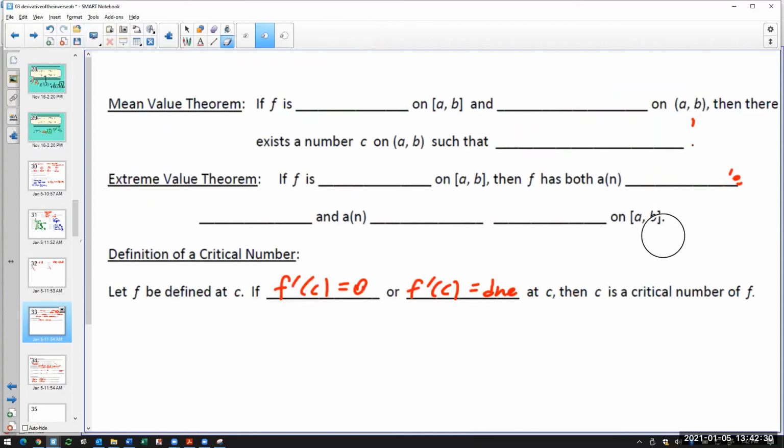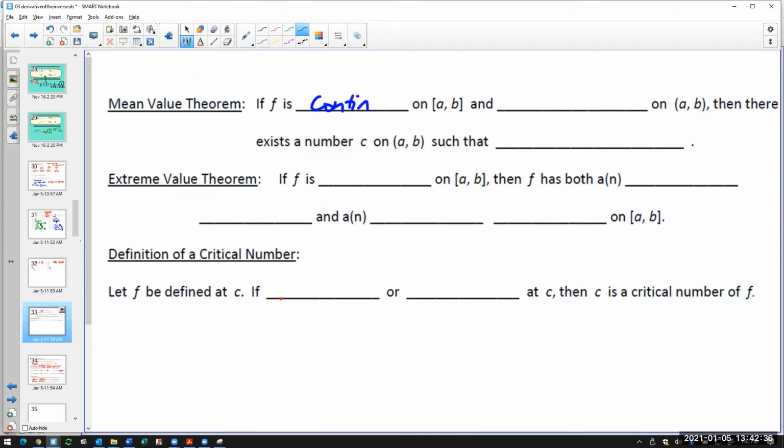Okay, with mean value theorem, do you remember what this is? If f is what? Continuous on the closed interval, and what on the open interval? Differentiable on the open interval. If f is continuous on the closed interval and differentiable on the open interval, then there exists a number c such that, what is the mean value theorem?